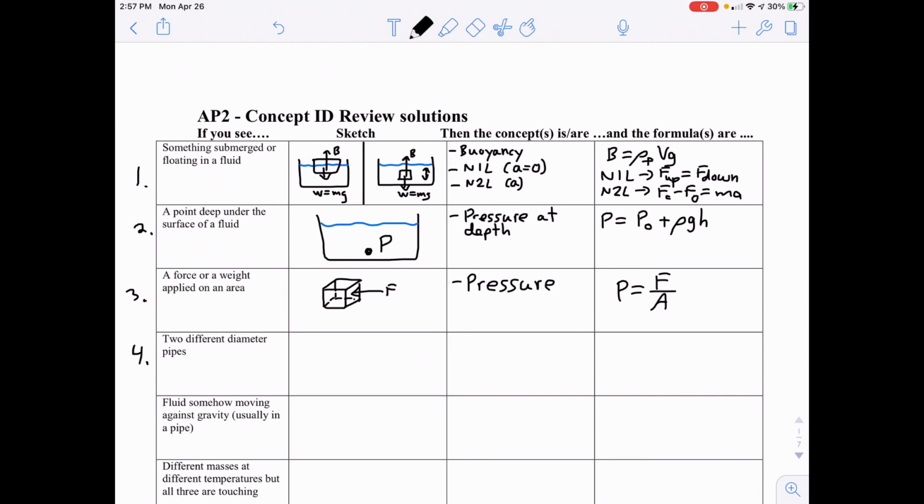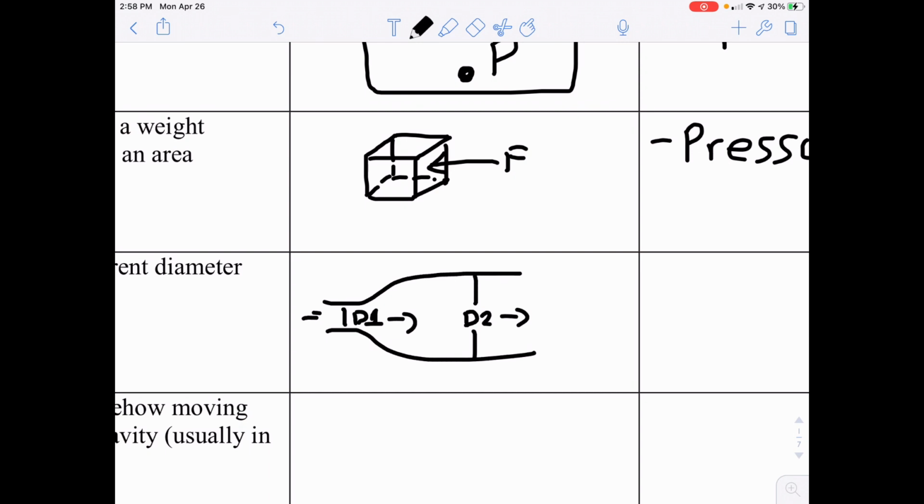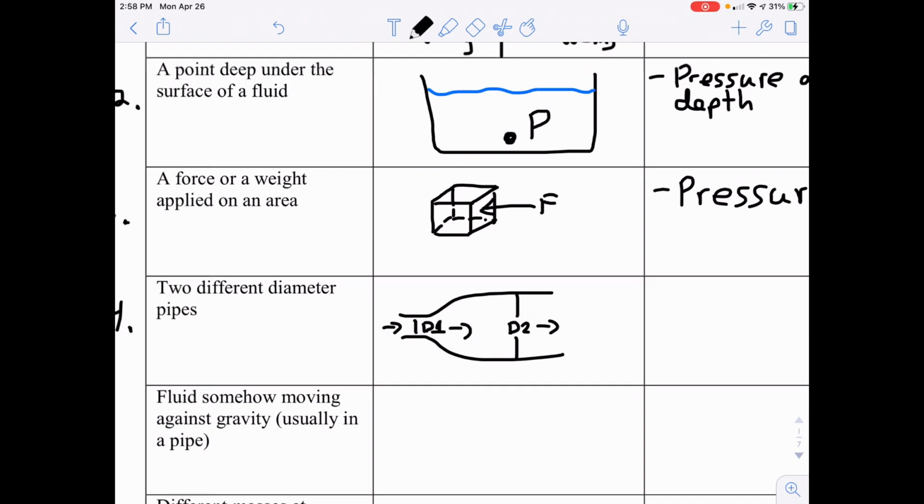Number 4 gets into actual fluid flow dynamics. So let's say we have 2 different diameters of pipes, diameter 1 and diameter 2. And the volume flow rate essentially ends up being exactly the same.